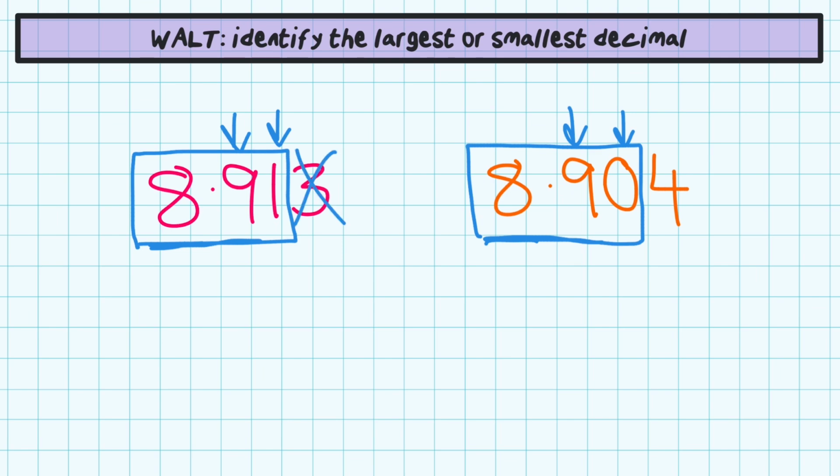Doesn't matter what these numbers are. They do not matter because we have already found that this one has more hundredths, even though our ones and tenths are exactly the same. So 8.913 is larger or bigger. 8.904 is smaller.